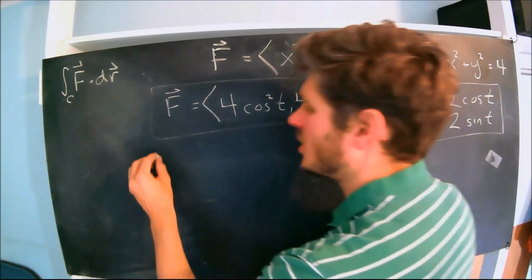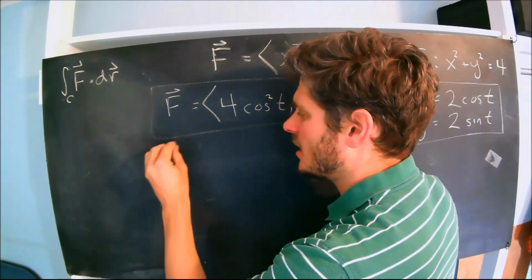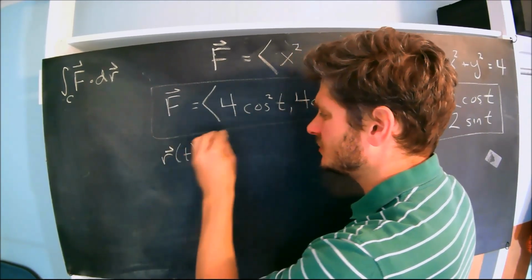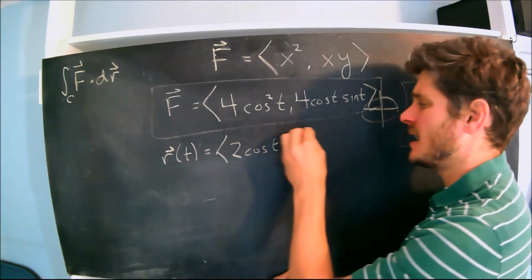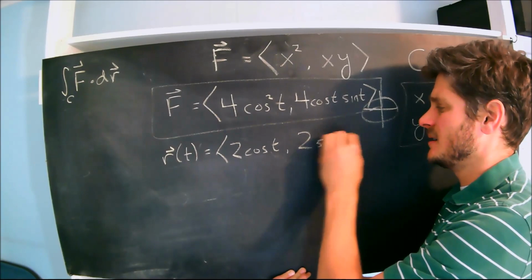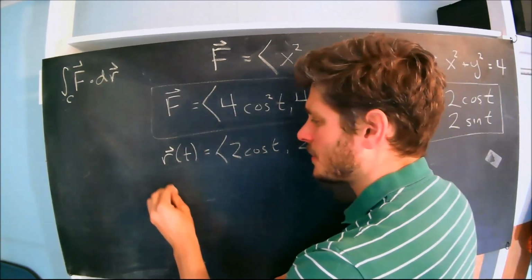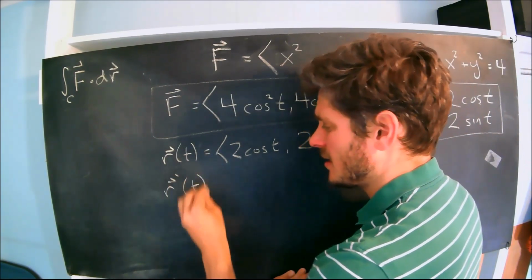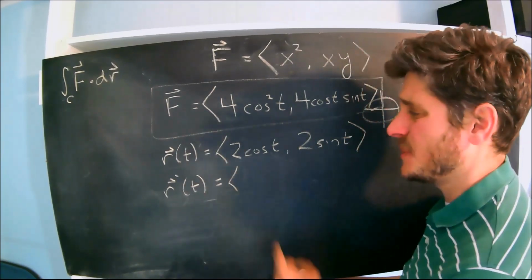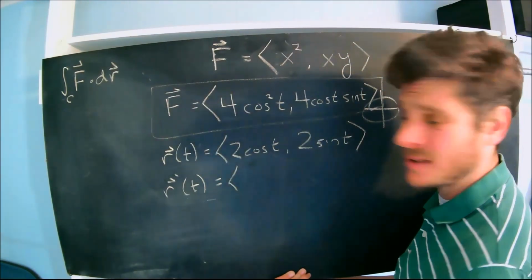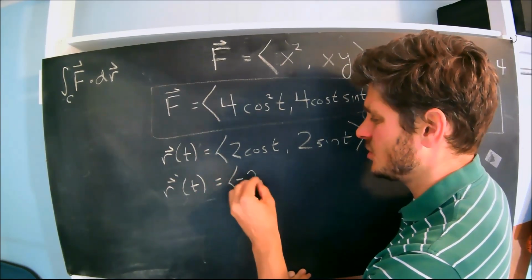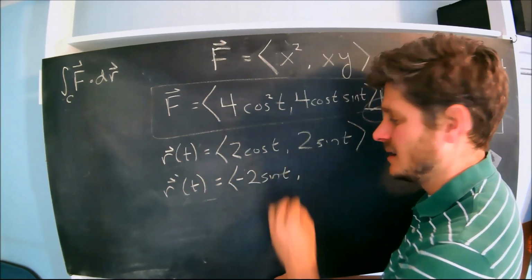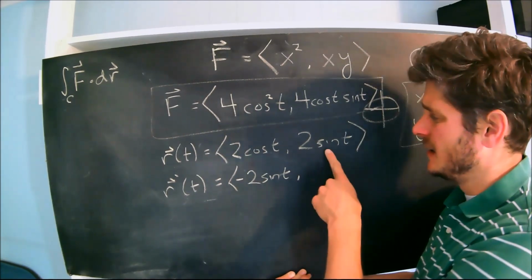Next up, I got to find r prime. Well, I have my x and my y components, so r of t is really 2 cosine t, comma 2 sine t. And so r prime is going to be, take the derivative component by component. The derivative of 2 cosine t, negative 2 sine t.